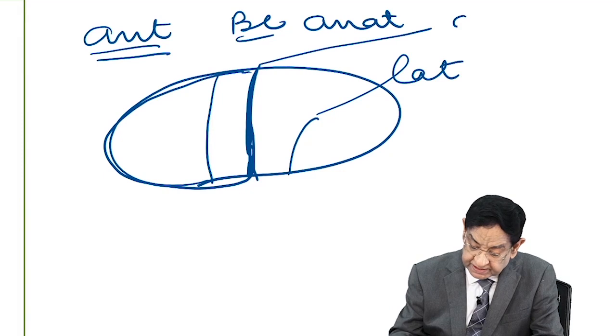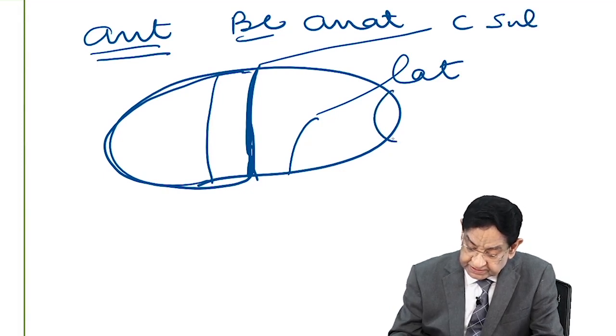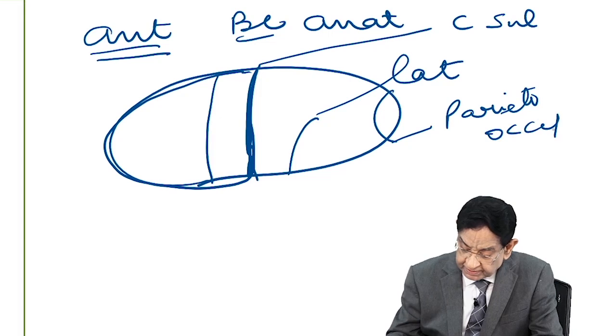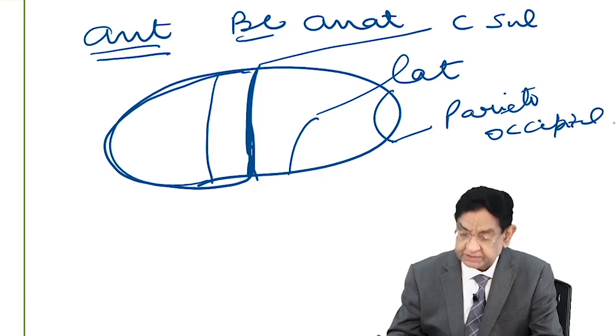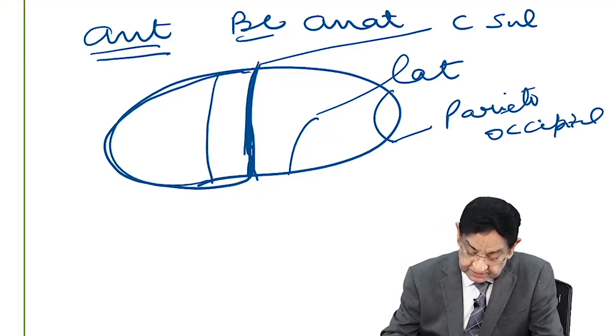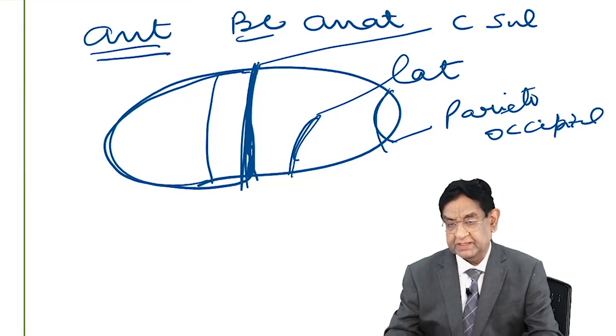This is the central sulcus. This is the parieto-occipital sulcus. Central sulcus, lateral sulcus and parieto-occipital sulcus.